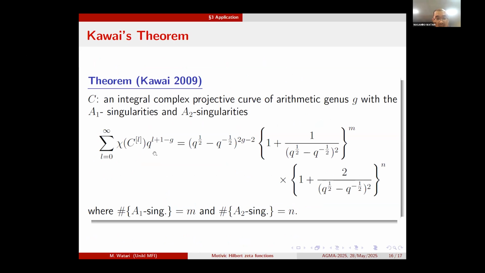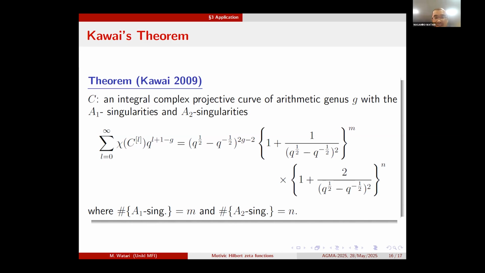Then the generating function of Euler numbers of punctual Hilbert schemes is given by this right-hand side. Here, M and N are the numbers of singularities. Roughly speaking, if the curve has a singularity, then on the left-hand side, we should add some information about the singularity.